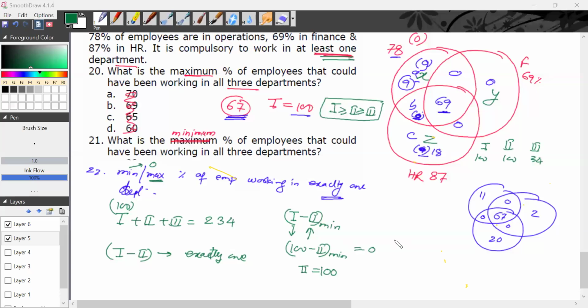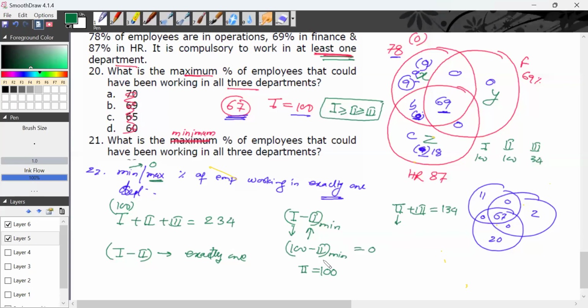79. चलो और लोगों को भी थोड़ा टाइम देते हैं, सॉल्व कीजिए. Now we know that this plus this is equal to 134.